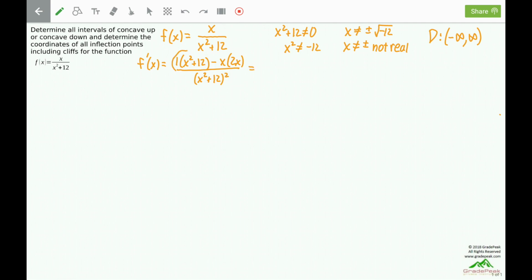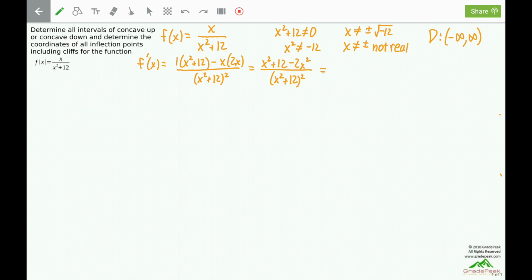In the numerator, we can distribute the 1 in, which will give us x squared plus 12. We can multiply the negative x and the 2x, which will be negative 2x squared. We'll leave the denominator as is.